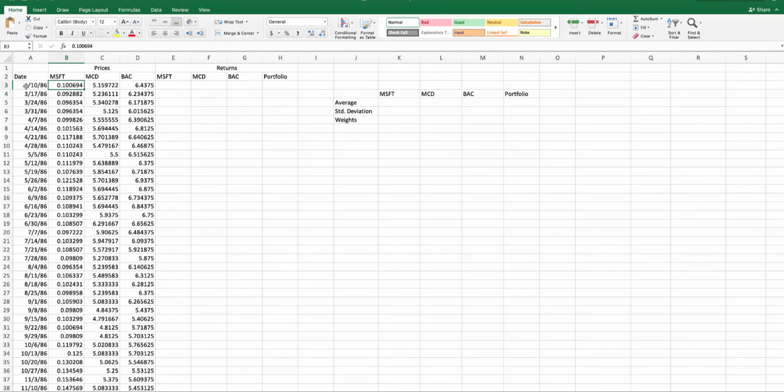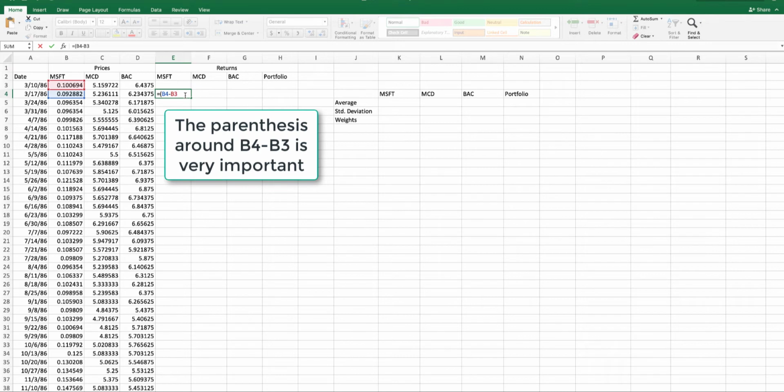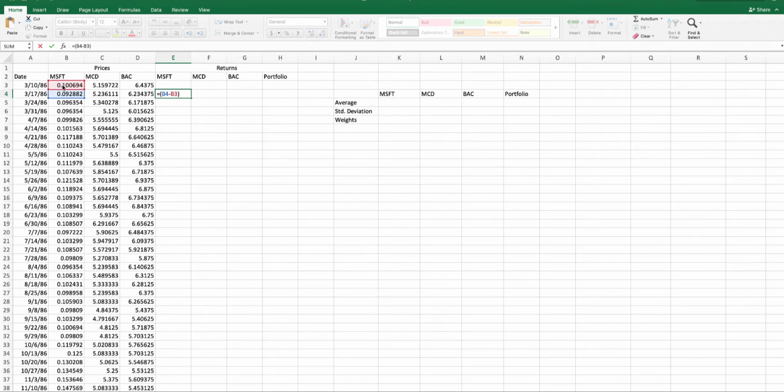So for the week of March 10th to March 17th, this is equal to the price on March 17th minus the price on March 10th. And to make it a percentage, we want to divide it by the original price, the buying price, or the starting price.